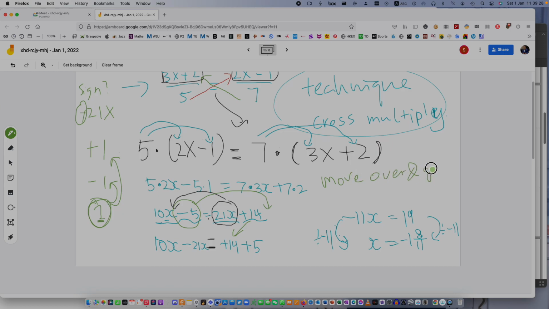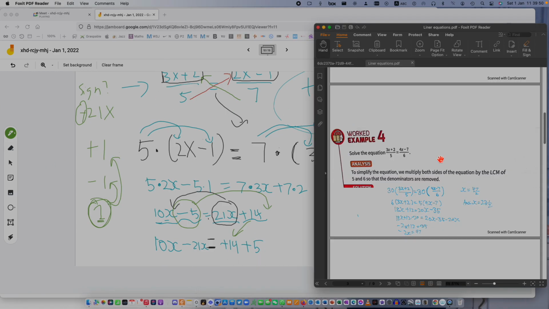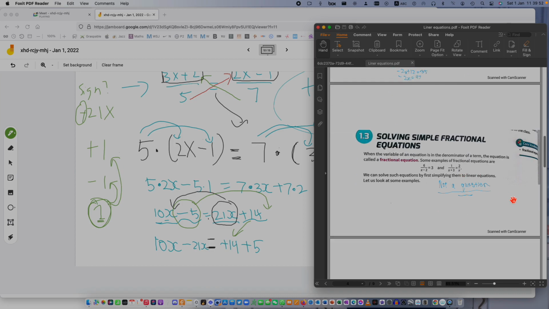Does it make sense? When you group similar terms? Yeah. So when you move over, the sign has to be changed. Are you clear? Yeah. Okay, good. Next, let me look at the next question.